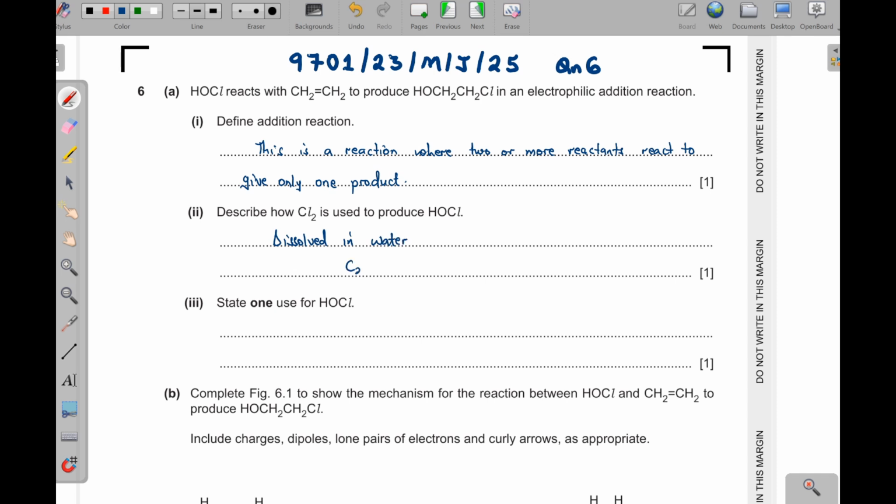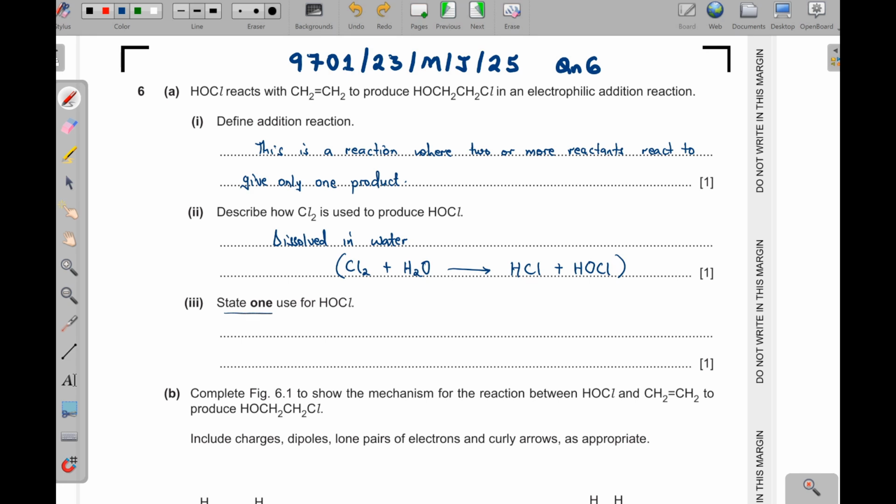When you get chlorine and you dissolve it in water, what you get is HCl and then this hypochlorous acid. If you remove the hydrogen, this ion here is the one that is responsible for killing the microbes or bacteria in water.